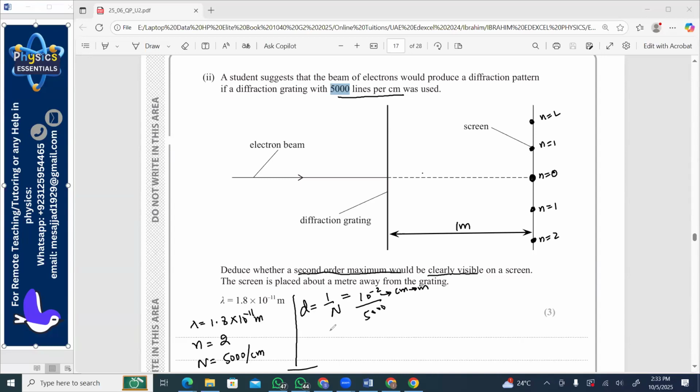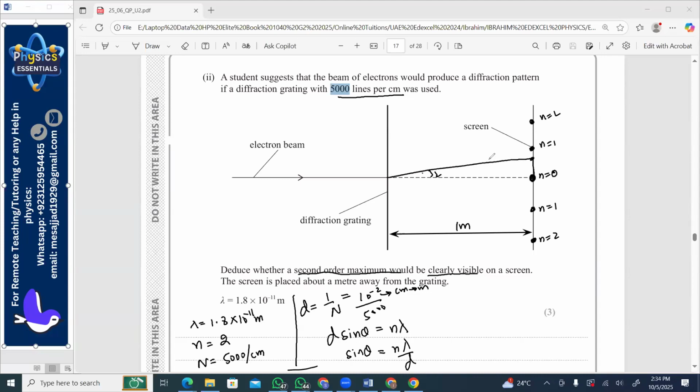So what do we need to find? First of all, write the formula for the diffraction grating, which is d sine theta equals n lambda. And from here, we are measuring the angle. So sine theta is n lambda over d. For example, if the angle is coming out to be just 2 degrees, do you think the 2 degrees will fall here?